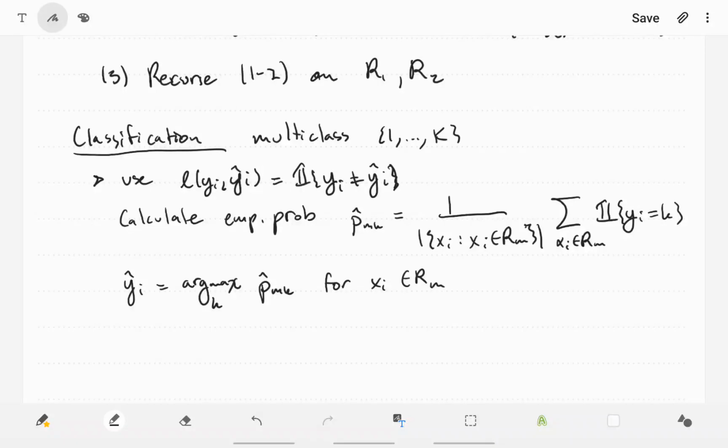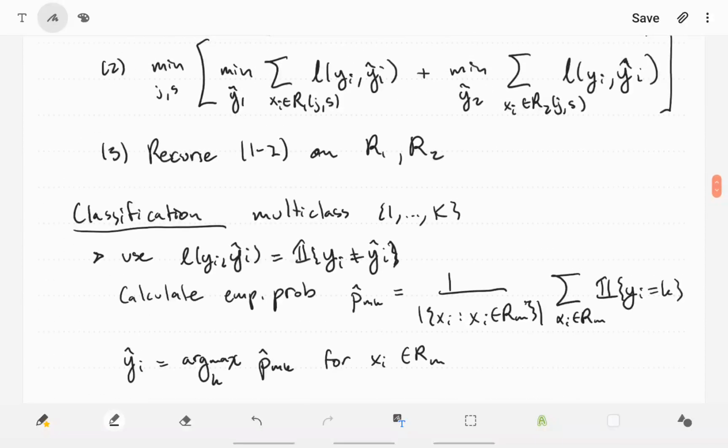So for a given xi, what's our prediction going to be? Well, it's just the class that maximizes our estimate p hat, and that's what we would get if we use the 0-1 loss. You can check it out by plugging 0-1 loss into problem 2.